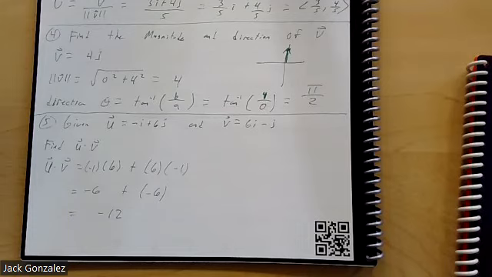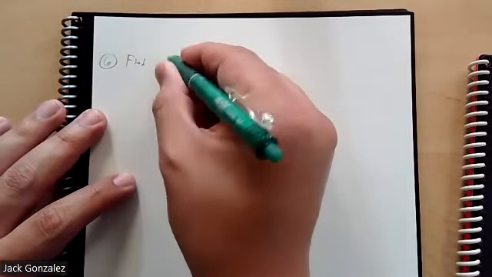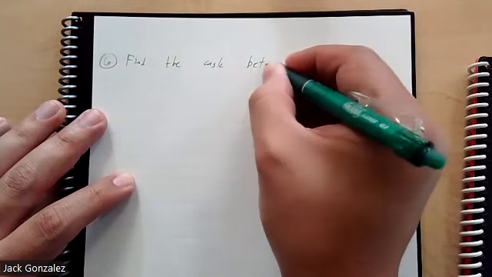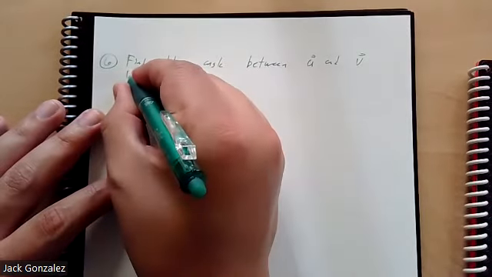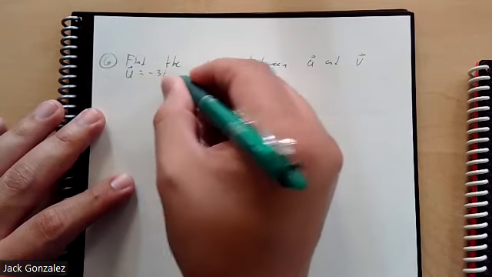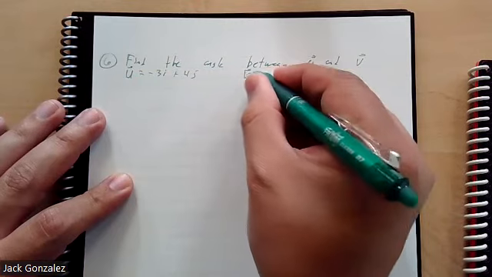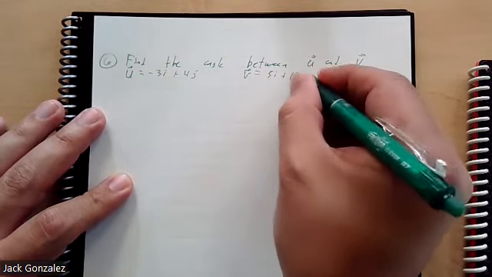Let's do one last question, and then we'll see if you have any questions in general. Find the angle between u and v. If we're sure going to ask one of these, u is equal to negative 3i plus 4j. v is equal to 5i plus 12j.